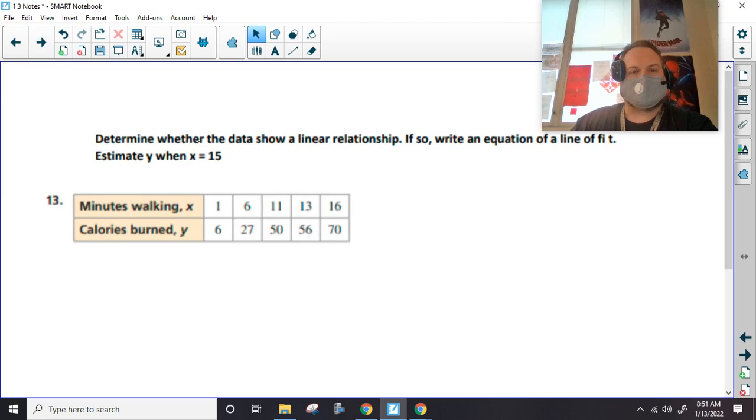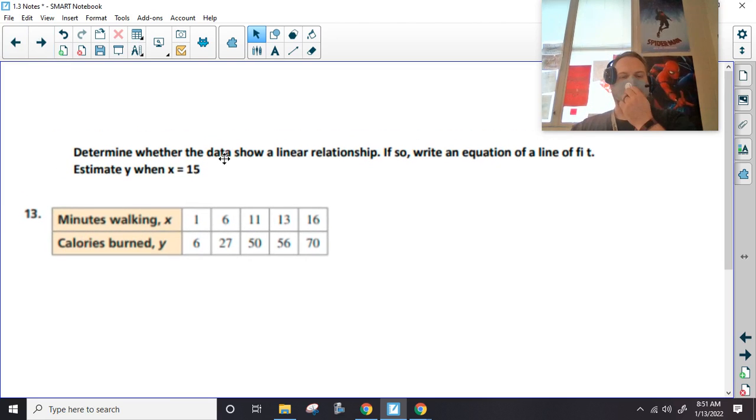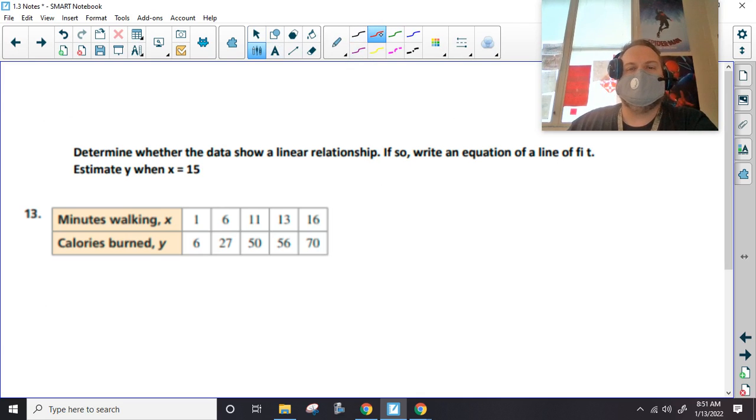All right, linear relationship. All right, we need to see if this changes the same as this. All right, this goes up by 5, 5, 2, and 3. Ugh.